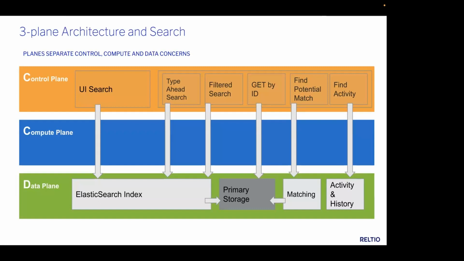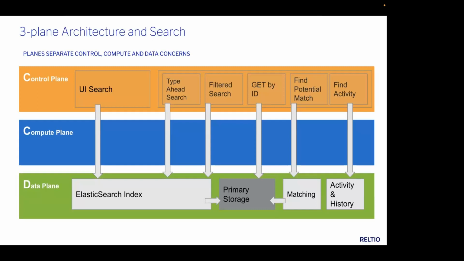You can also request an object directly by ID or by crosswalk. In this scenario, you go directly to the primary storage, you avoid going to the index, you just fetch the object directly from the primary storage.